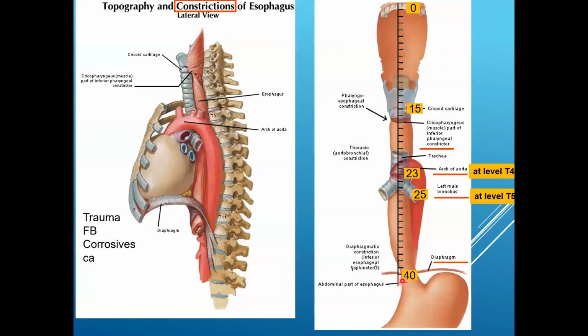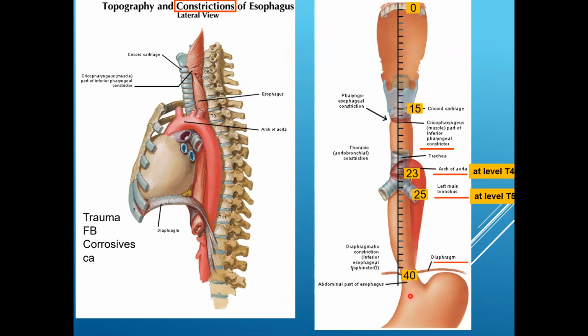Okay. Now, along its way, from where it begins at the level of C6 or below the cricoid cartilage, to where it joins the stomach, we have 4 constrictions. We have 4 places where the esophagus is narrow. And these 4 places are important. Why?